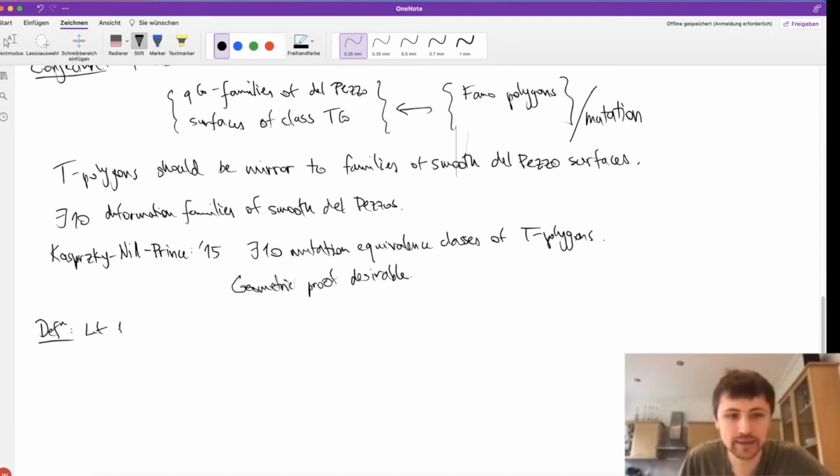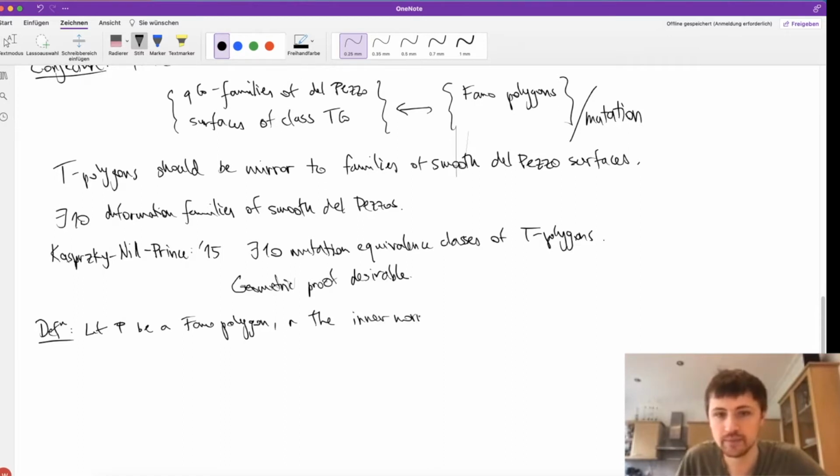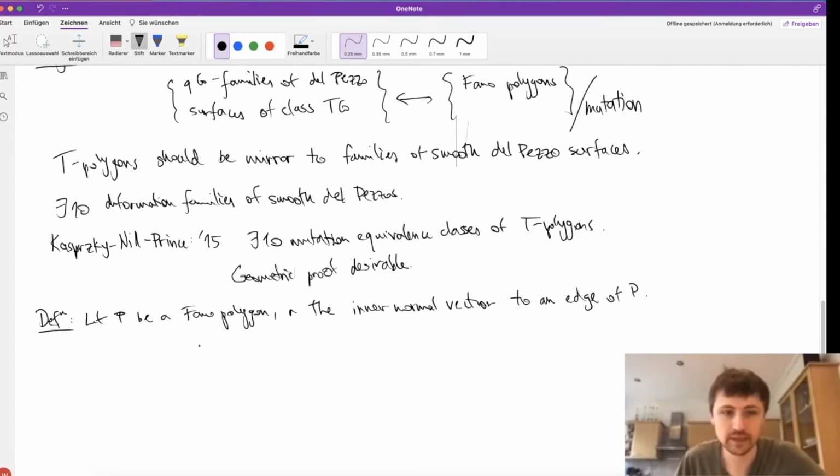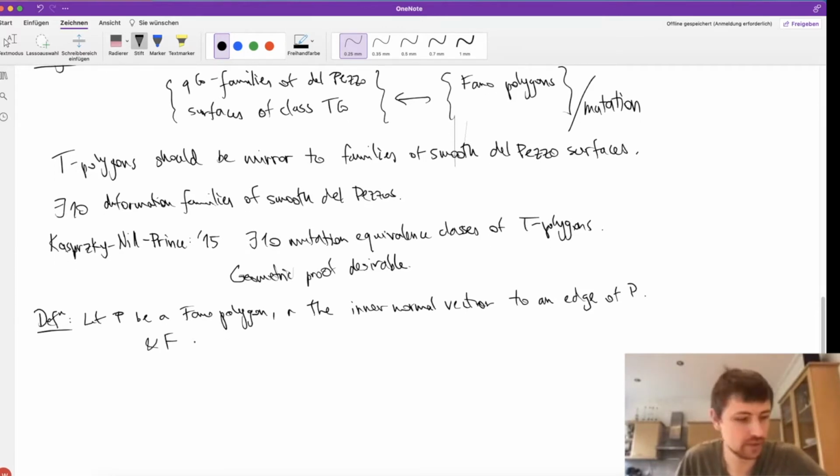Let P be a Fano polygon, N the inner normal vector to an edge of P. And I take F to be a lattice segment such that F is contained in the orthogonal to N.